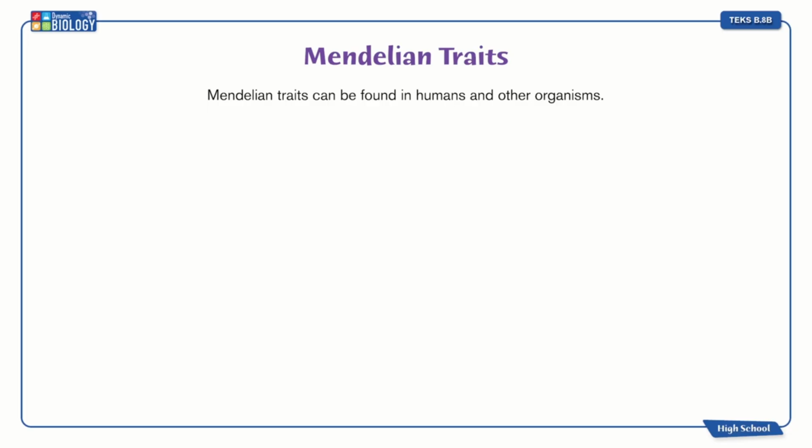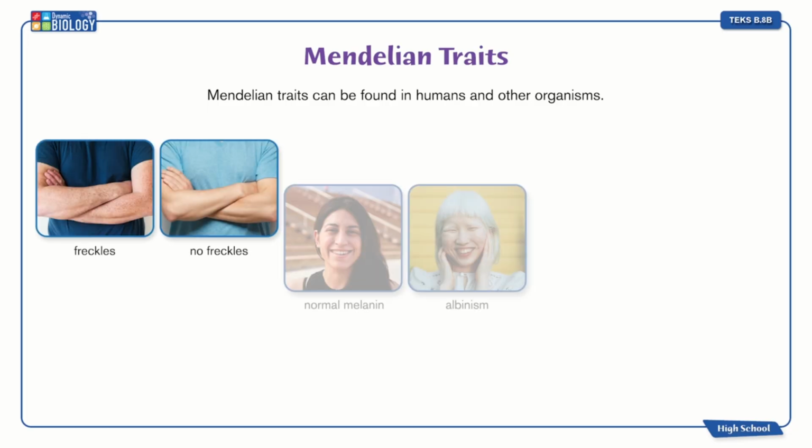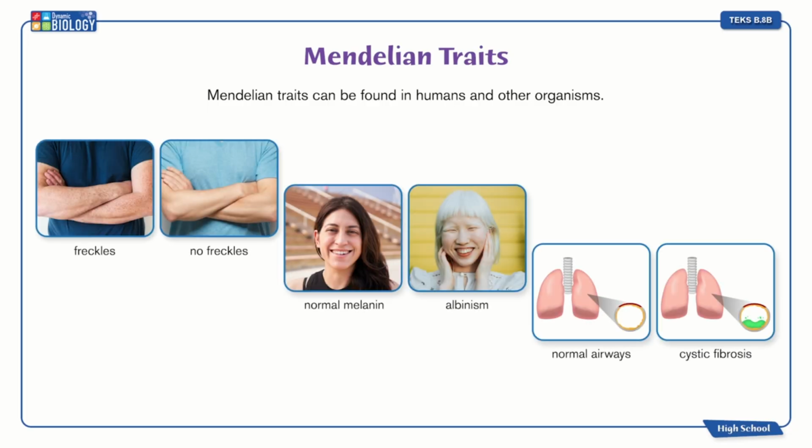So far in this lesson, we have focused on the traits of Mendel's pea plants. But did you know that Mendelian traits can also be found in humans and other organisms? In humans, for example, the allele for having freckles is dominant to the allele for having no freckles.